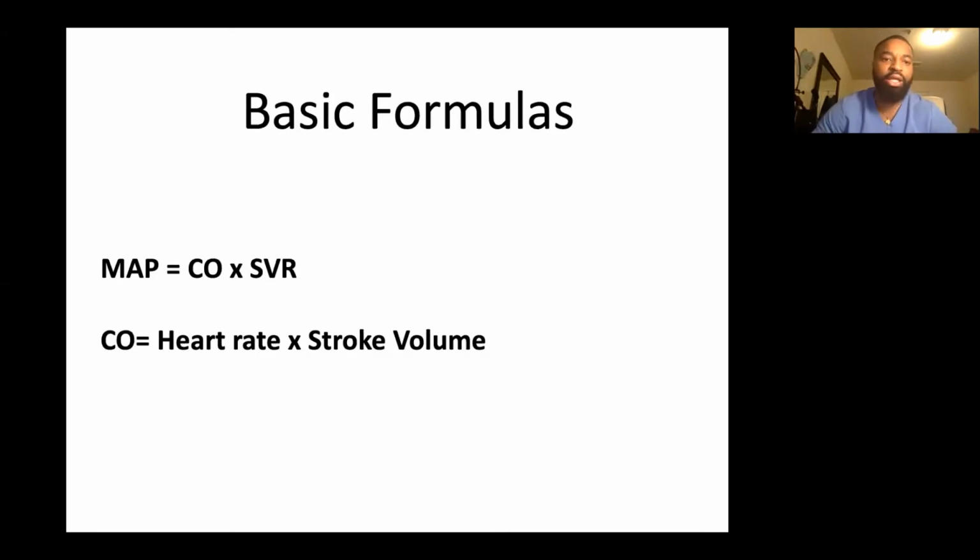So anything that affects any of this equation, the cardiac output or the resistance, will change the mean arterial pressure. For most people, the normal mean arterial pressure is about 60 to 65, right?